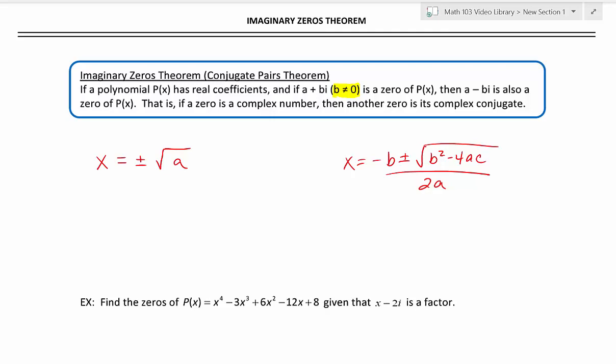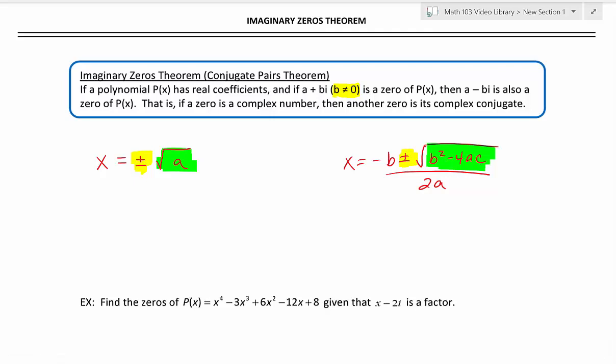Okay, notice that both of these techniques have a plus or minus in them. So we always got two solutions. The imaginary portion of the number comes from the square root, so that's after the plus or minus. And then sometimes we had a real number in front of the plus or minus.